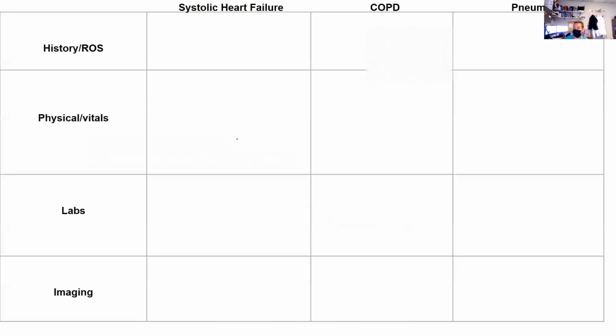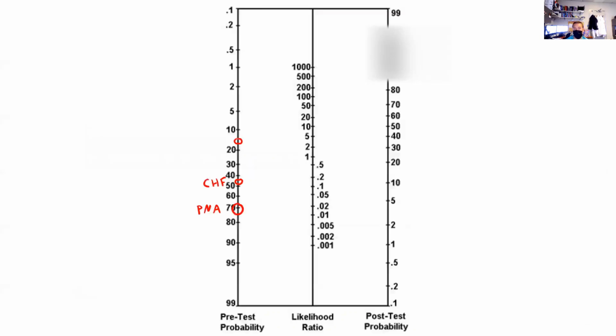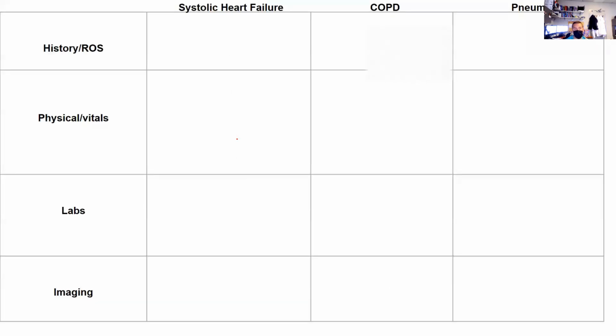All right, so let's go through. I gave you guys some stuff already. We have the chest x-ray, we have that the patient's wheezing. We have the general history, which is huge. As you ask these, I'm going to give you the likelihood ratios for those things. But when you're approaching these patients, what type of things do you ask for in the history, physical exam, vitals, labs, and imaging?